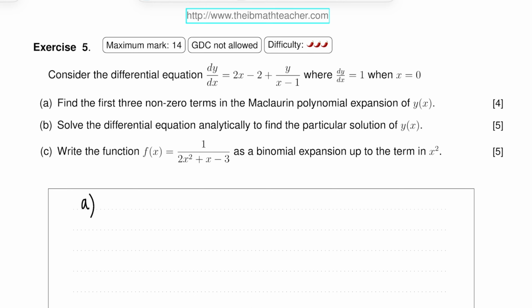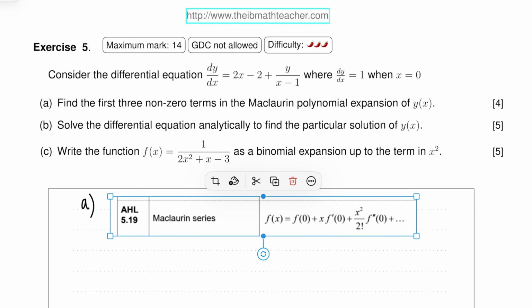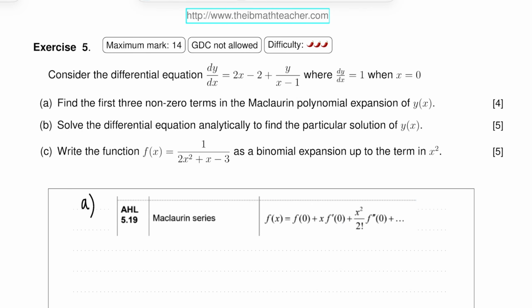So basically, we can approximate a function through a Maclaurin series by calculating f of 0, plus x times f prime of 0 over 1 factorial, which is not mentioned here because 1 factorial is just 1, plus x squared times f double prime of 0, the second derivative of f at 0, over 2 factorial, plus x cubed times f triple prime of 0 over 3 factorial, and so on.